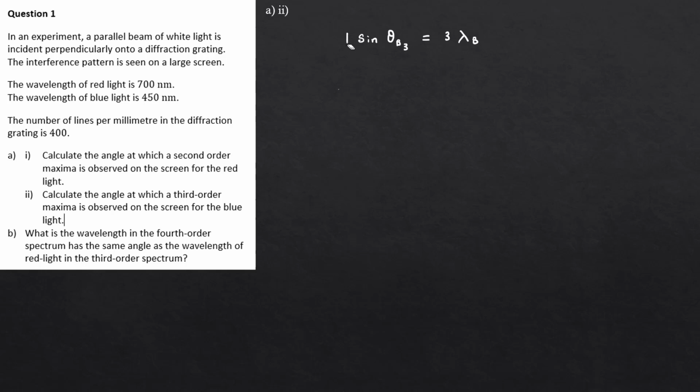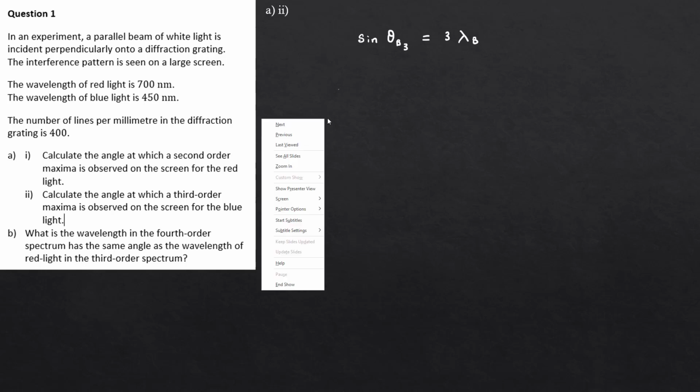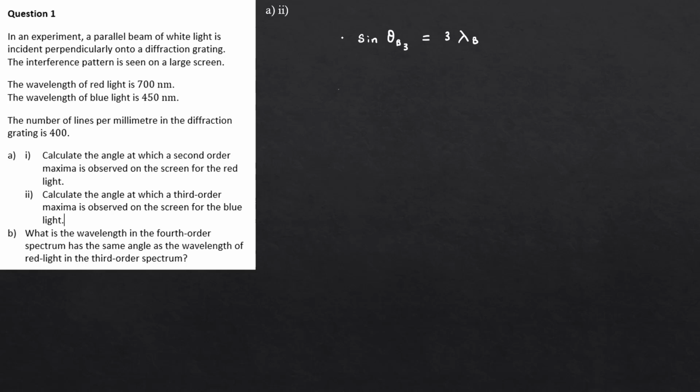Alors, toujours là, nous tirons et nous mettons A. Donc c'est E là. Donc E là, 10.5 fois 10 puissance moins 6 sin theta B3 égale 3 fois 450 fois 10 puissance moins 9. Dans ce cas ici, si je fais un calcul, il n'est pas moins 3, c'est moins 9.